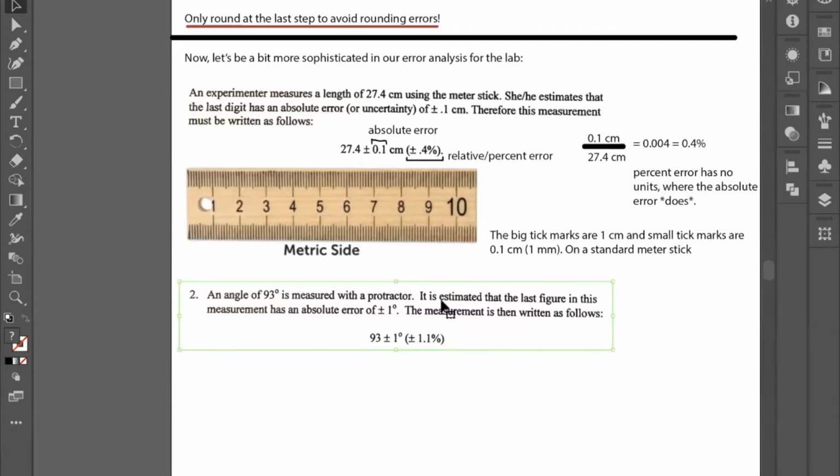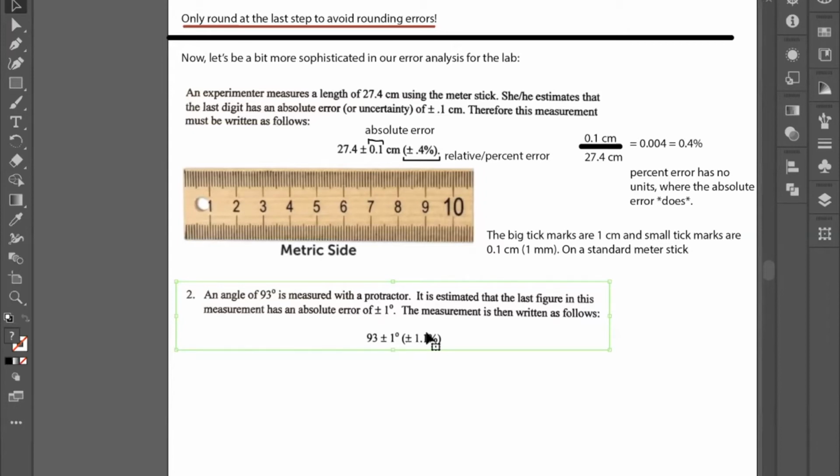Now, a protractor usually has plus or minus 1 degree, sometimes half a degree, but let's say it's 1 degree. So we have 93 ± 1. If you divide 1 by 93, you get 1 point something. Now, percent error should only be 1 digit unless it's 1, and then you have 2 digits. Here's the last one here.